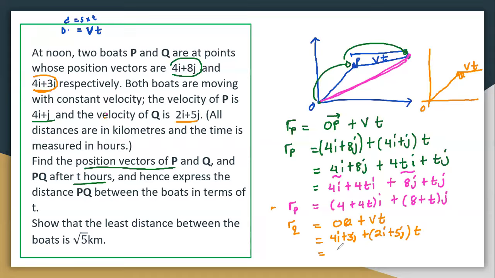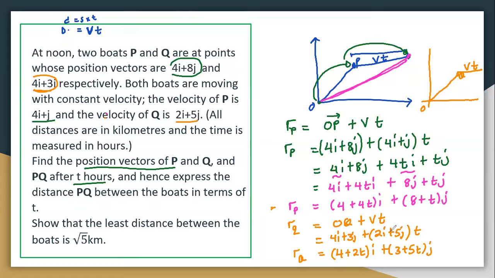So when you do the mathematics, we shall have (4 + 2t) into i, then (3 + 5t) into j. Now, this is the position where the boats are after a given period of time. So up from the origin, this is where the boats are going to be found.